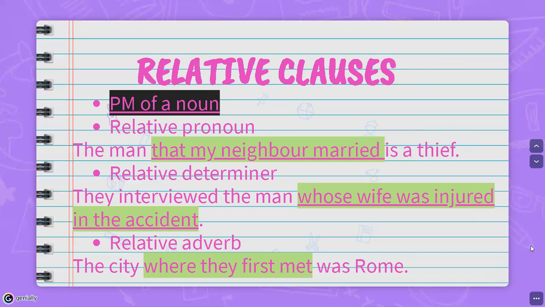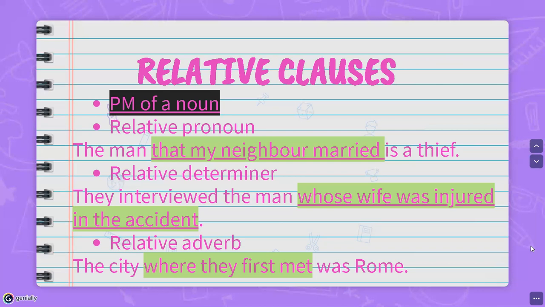Yeah, and I might have said the man my neighbor married is a thief. It could be a relative determiner. They interviewed the man whose wife was injured in the accident. And a relative adverb. The city where they first met was Rome.